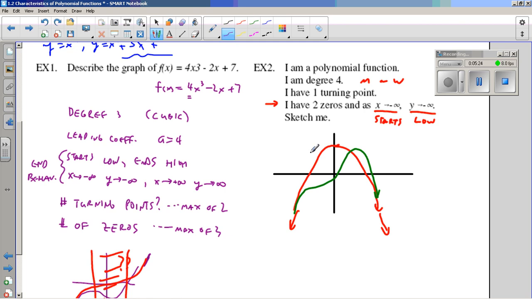Or maybe the dipsy doodle is after the zero. But certainly all of them have two zeros and one turning point. Red, purple, green, we don't know. And notice that it could have gone like that too.